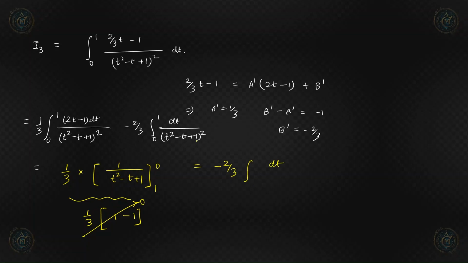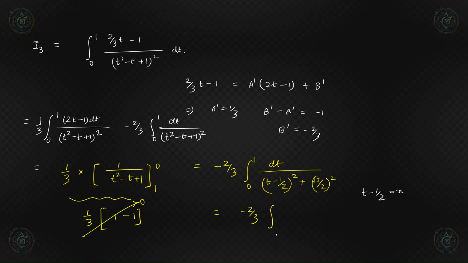Now see, we can express t² − t + 1 as a perfect square plus something constant. We saw that we can express this as (t − 1/2)² + (√3/2)². If we do a little substitution here, we put t − 1/2 equal to x, so our dt becomes dx.